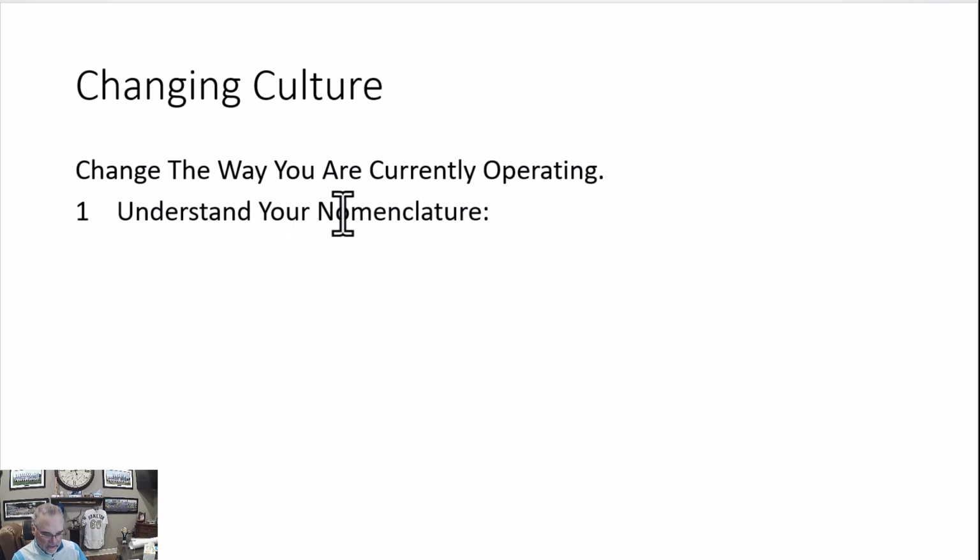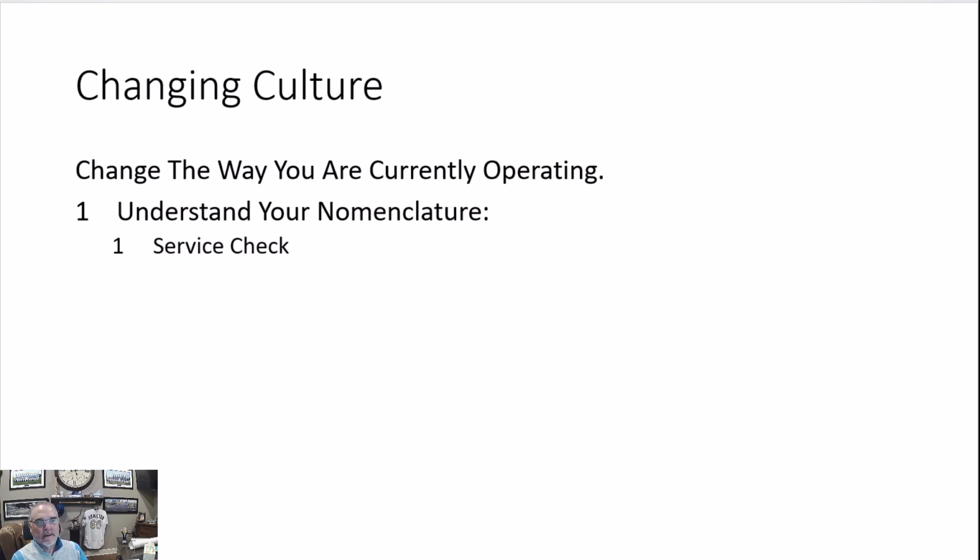Understand your nomenclature. We do system checks. I don't do an evaluation of your system. I do system checks. I'm going to check your system. It's just the words. We're going to do a system check. Just check your system, I'm not going to evaluate anything. Nobody wants to be evaluated, so don't use those words.